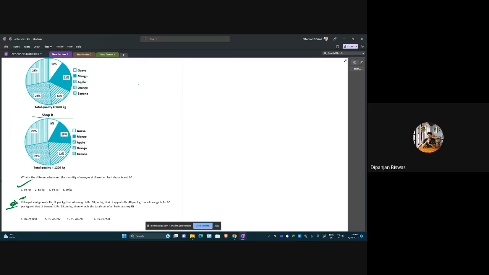If anyone arrives at the answer, then just turn on your mic and say it. So guava, mango, apple, oranges and banana. If 100% is 1200 kgs, then 1% is 12 kg. And we'll just keep multiplying.